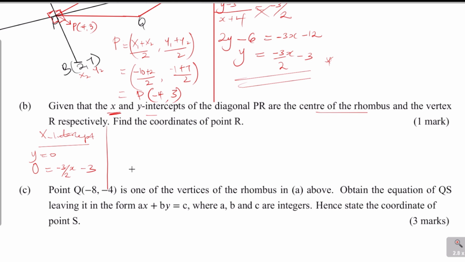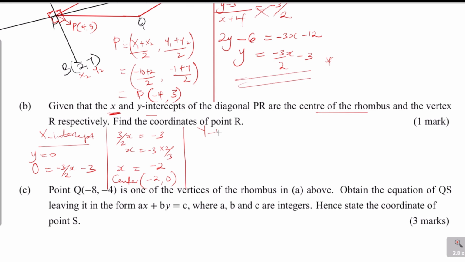So 3/2x is equal to -3. So x is equal to -3 times 2/3. So x will be -2. So this will give us the coordinates of the center. The center will be x is -2 and y is 0.